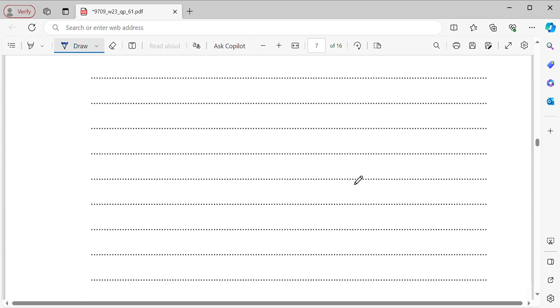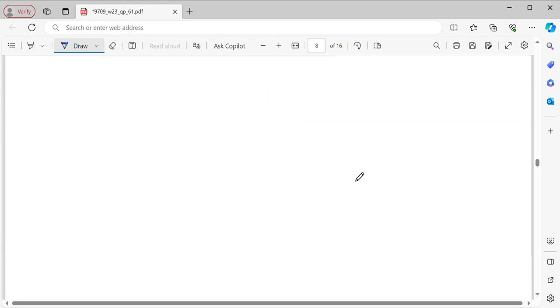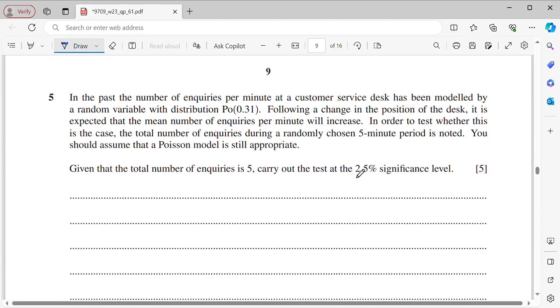Okay, let's move on to the next question. Next question, number 5. In the past, the number of enquiries per minute at a customer service desk has been modeled by a random variable with distribution Poisson 0.31. Following a change in the position of the desk, it is expected the mean number of enquiries per minute will increase.